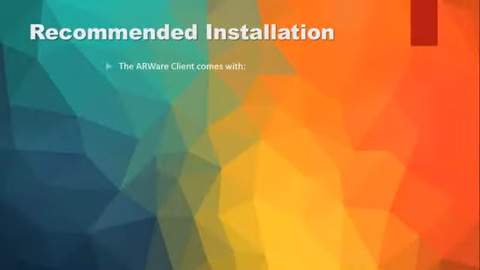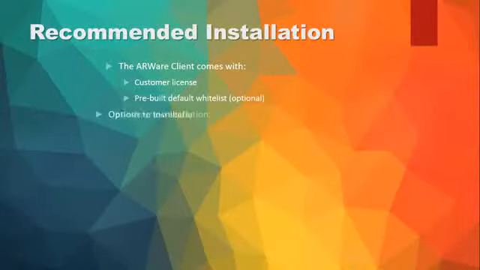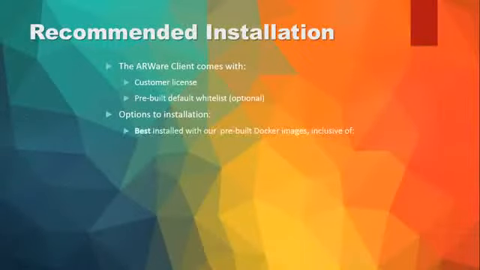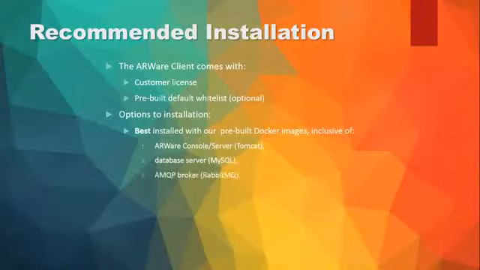Upon packaging, the ARWare client comes with a customer license and an already pre-built whitelist. We best recommend installation to be deployed using our pre-built Docker images, inclusive of the ARWare console and server themselves, the database server, and the AMQP broker.